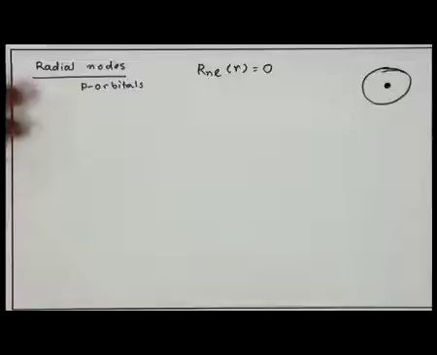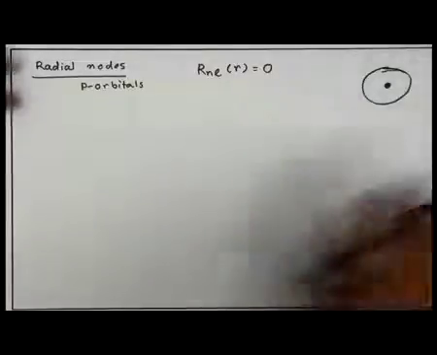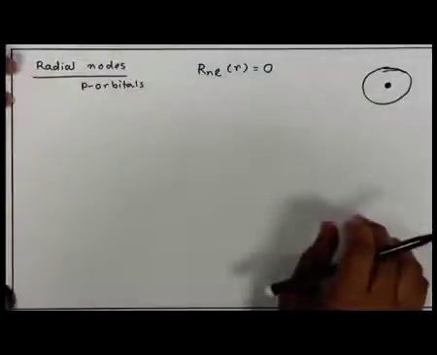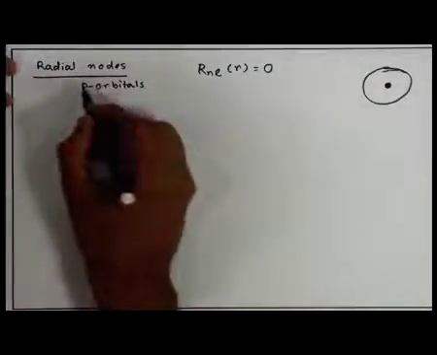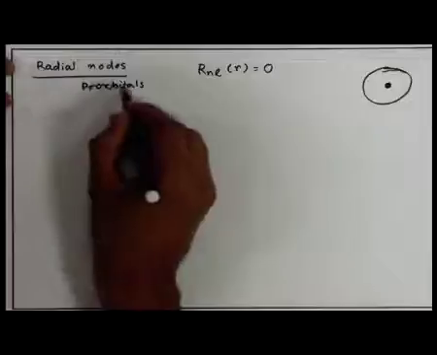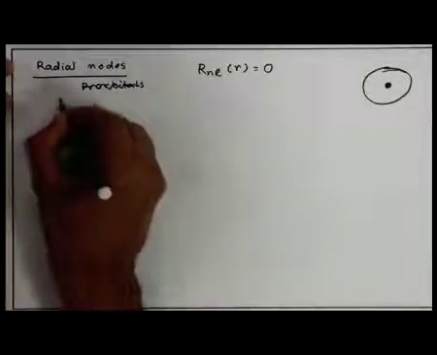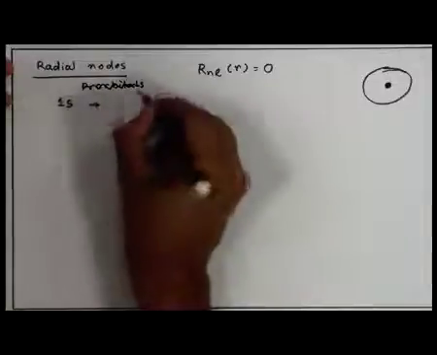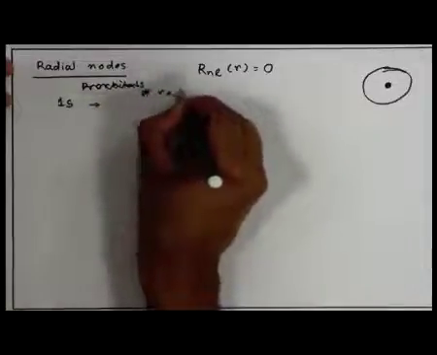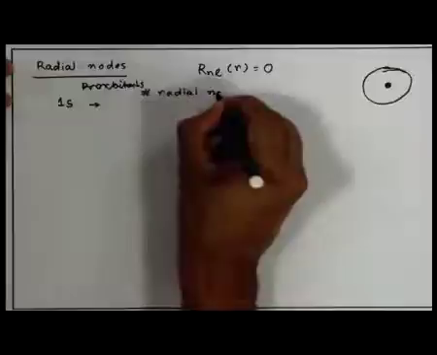We will now try to generalize about the number of radial nodes. Let us first outline what we saw. We saw that for 1s orbital, number of radial nodes, here I will write number of radial nodes.